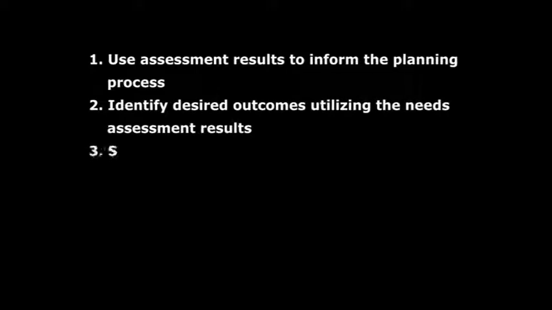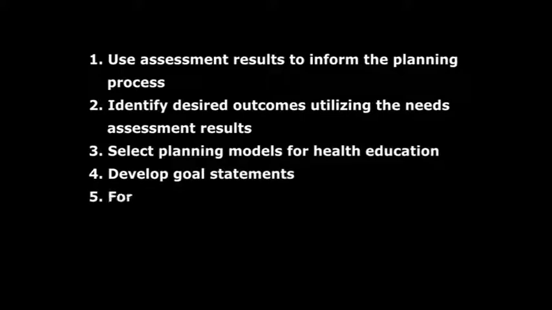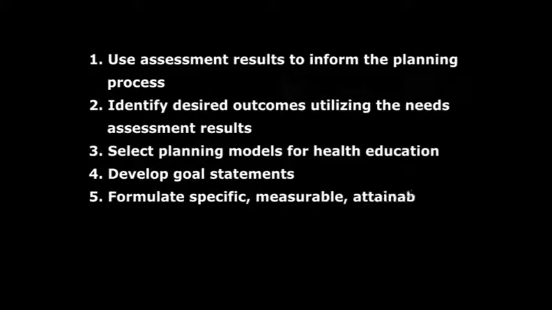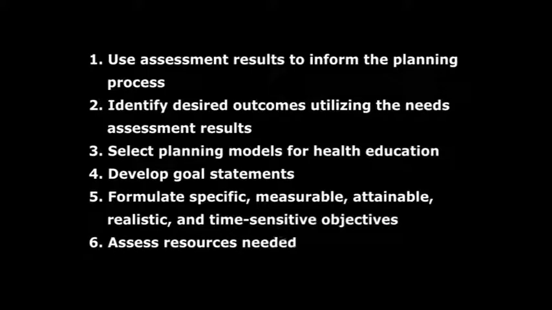Number 3, select planning models for health education. Number 4, develop goal statement. Number 5, formulate specific, measurable, attainable, realistic, and time-sensitive objectives. Number 6, assess resources needed to achieve objectives.